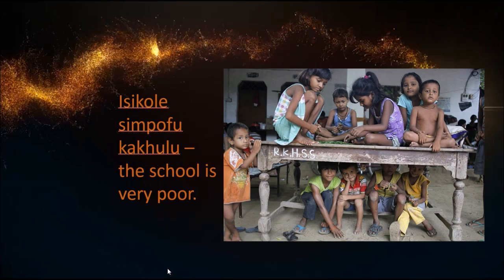When you learn a new language, you need to hear the sound, even if it's your own sound, and then compare it to the teacher's sound. So, isikole. Most white people, those learning Zulu, cannot tell the difference between a KH and a K. When it's a K that's alone, it becomes what we call an implosive sound, and not the K sound, which would be the KH.